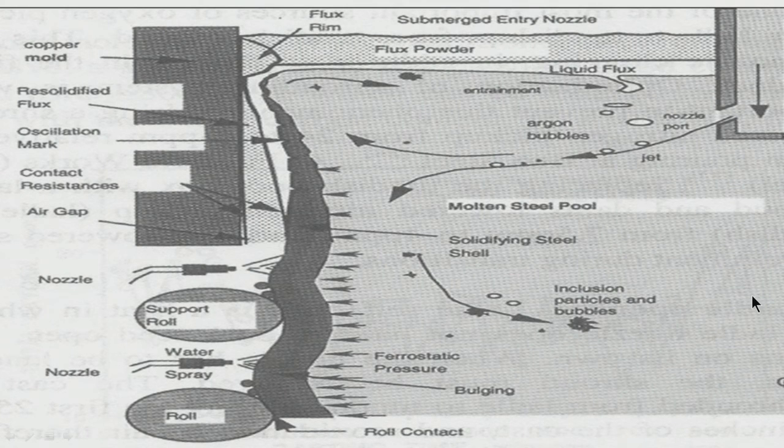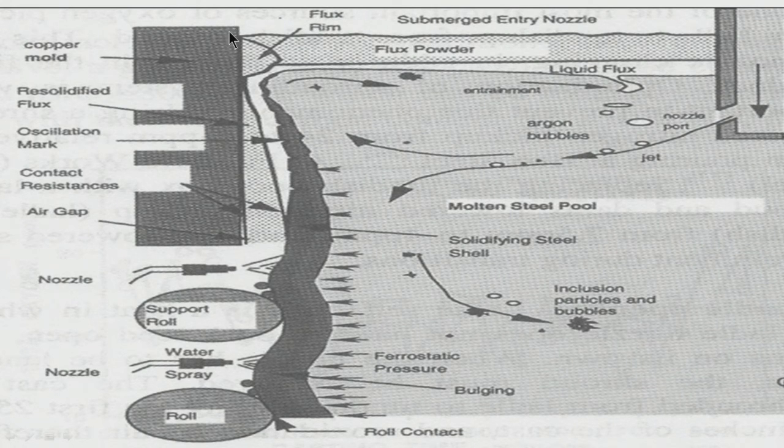So, in the mold also there is a possibility of contamination. Contamination from where? As I have told you, contamination from the mold slag which is present here. If there is too much turbulence, there is a movement of the mold, top and bottom.